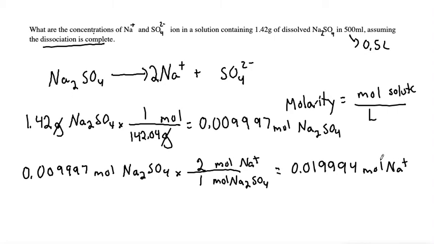Well, one way to think about it is, say you have a dozen eggs, because a mole is kind of like a counting unit, like a dozen is a counting unit. So if you have 1 dozen eggs, then that means you have 12 eggs.